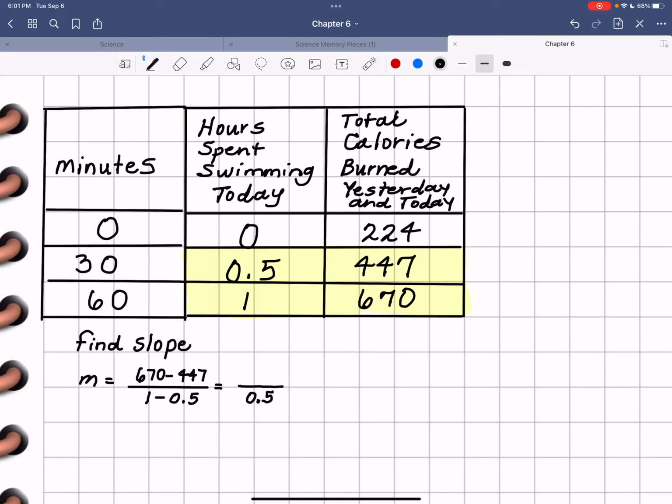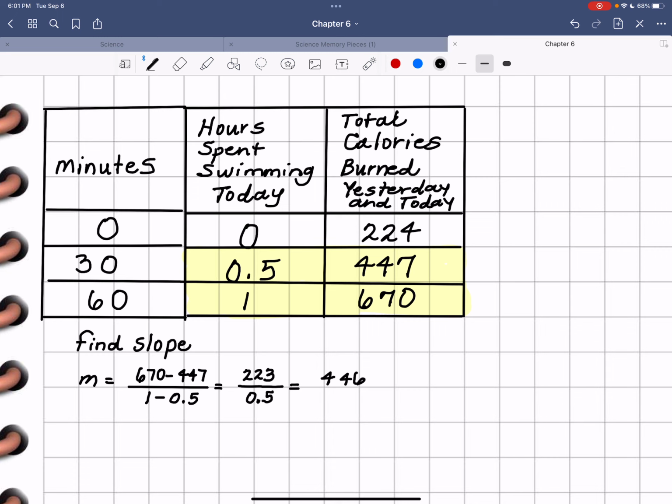No, it's not. Where am I getting? Oh, I did this problem before. It's 223. And then you divide that by 0.5 and you get 446. So the 446 is the slope for this problem.